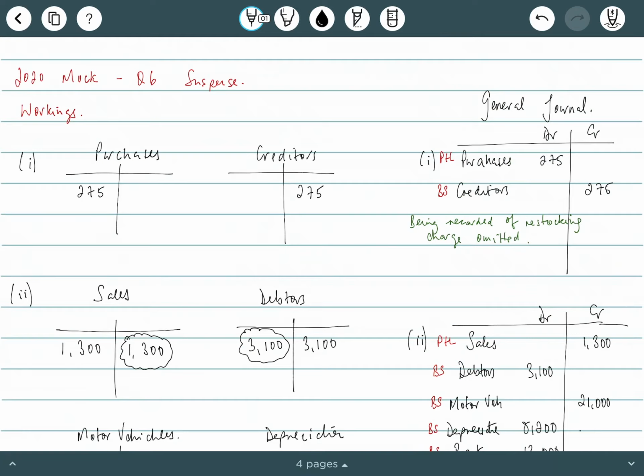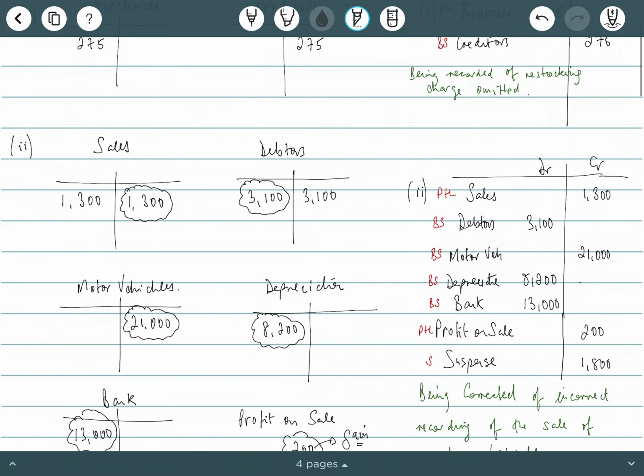The first one there, P&L, debit 275, don't need to worry about it just yet. I've got the first one that affects the credit entry in working 2. I'll highlight this here now. I have 1,300 due to sales, and I also have profit on sale here of 200. So working 2, sales and profit on sale.